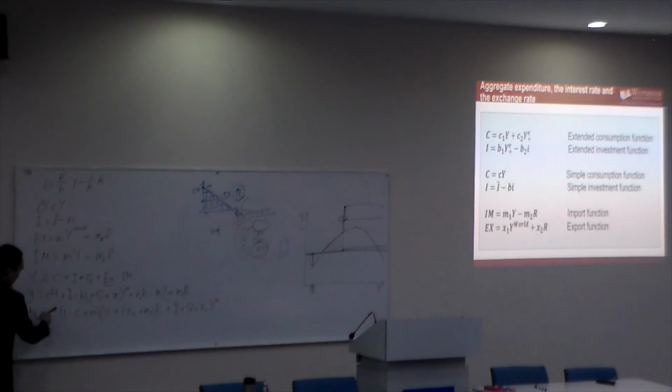So now if I divide both sides by B, then it will give me what our IS curve is.